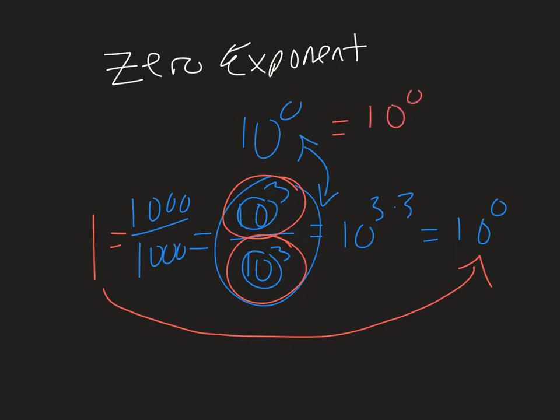And that creates a rule for us to use: anything to the power of 0 is 1, always. It doesn't matter if it's 10, 50, or x, it's always 1. And this is why. A zero exponent just means that you're taking something and dividing it by itself, therefore it's 1.